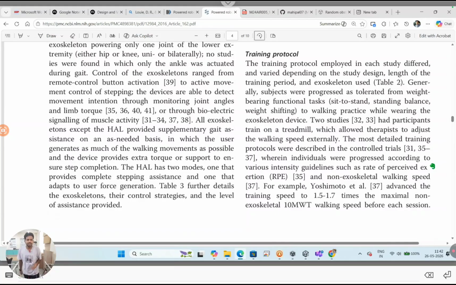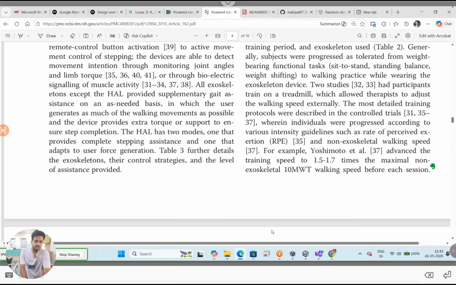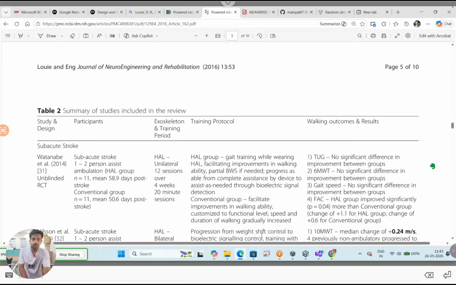The more detailed training protocols were described in the controlled trials, wherein individuals were progressed according to various intensity guidelines such as rate of perceived exertion and non-exoskeletal walking speed. For example, Yoshimoto advances the training speed to 1.5 to 1.7 times the maximal non-exoskeletal 10 MWT walking speed before each session.